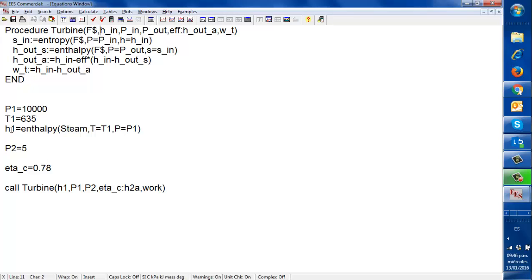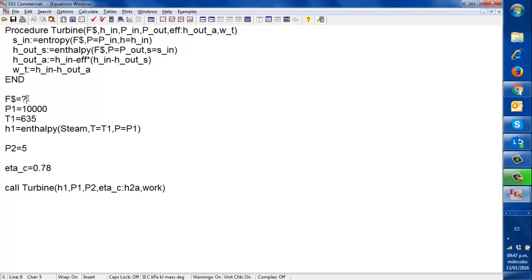Now, I have it here, and I said fs equals steam. So do you have to put it there, or can you put it directly in the turbine? No, you are putting it outside the procedure because you want it to be general. Yes.